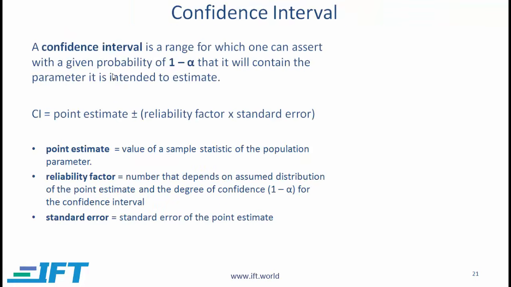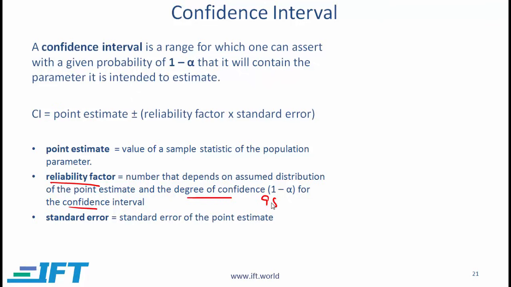This slide simply summarizes what we've been talking about, so you should read this. The only point that I will highlight is related to the reliability factor, which says that the number depends on the assumed distribution of the point interval and the degree of confidence for the confidence interval. So this we've talked about.